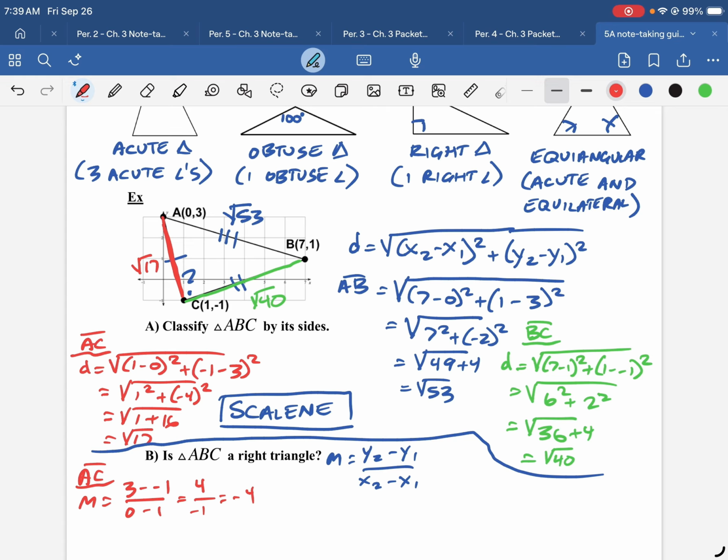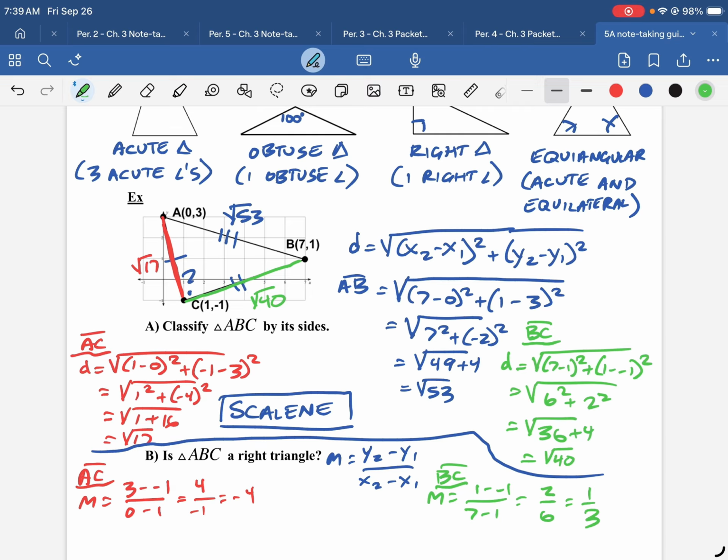Okay, and then I'll test the slope for the bottom, which is side BC. Okay, so my slope here, let's see, 1 minus negative 1 for the y's, and 7 minus 1 for the x's. And so that's going to come out to 2 over 6, which reduces to 1/3.